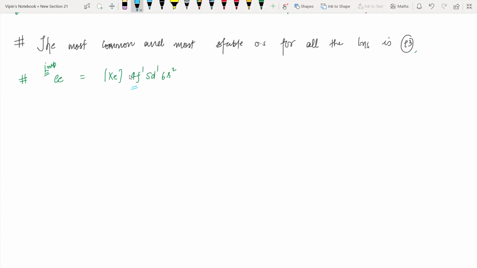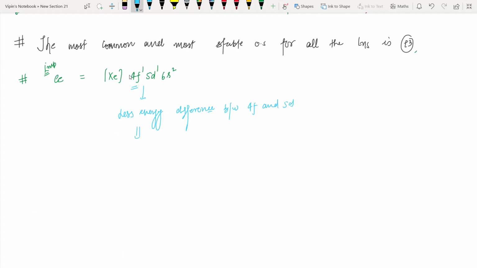In the initial stage, the energy difference between 4f and 5d orbital is less. So in case of cerium, the energy difference between 4f and 5d is less. I can write it in this note: less energy difference between 4f and 5d.